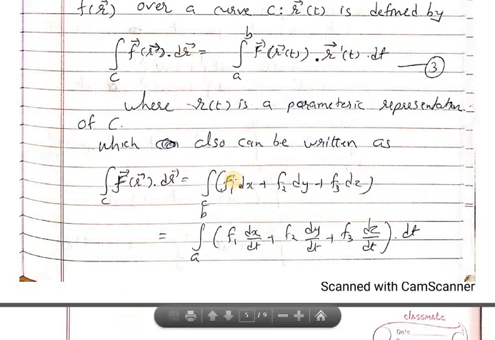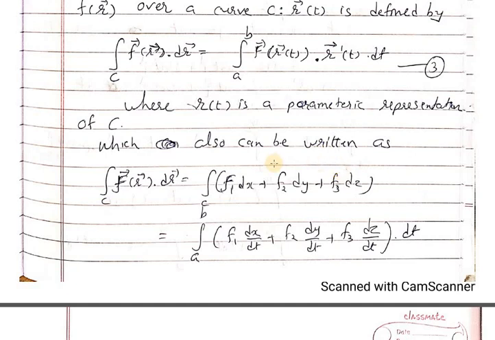So the dot product will be f1 dx plus f2 dy plus f3 dz. In the same manner here, f1 dx by dt, f2 dy by dt, f3 dz by dt into dt. See here we have written this term in a form of variable t, so that's why we have written the limit from a to b. That means t varies from a to b.